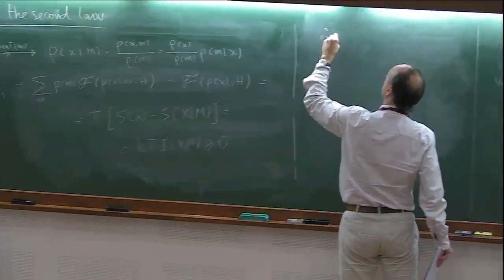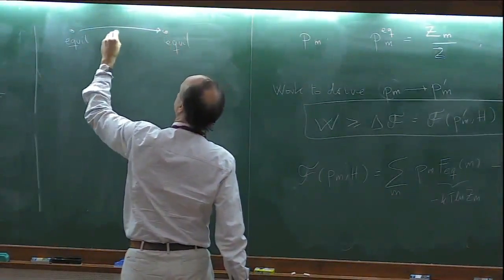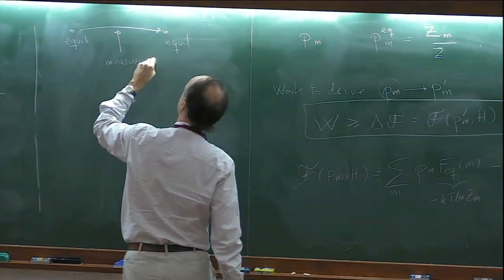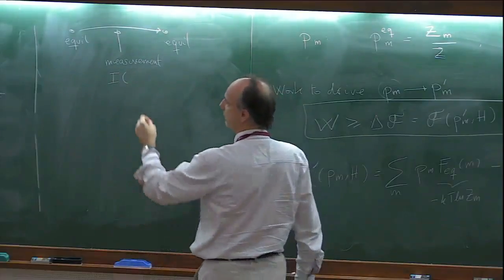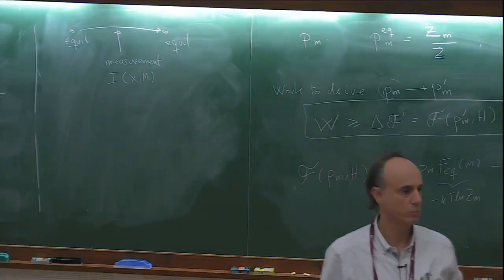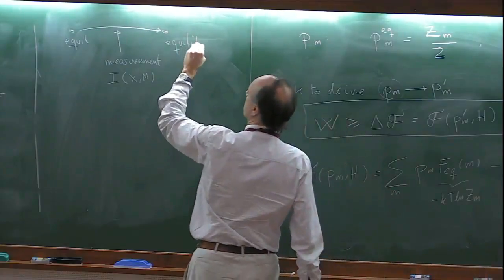But if I have a process and in the middle I have some measurement, so I go from equilibrium to equilibrium, and I have a measurement here, and my measurement correlates my measurement outcome and my system with some mutual information I, then the second law is like this.